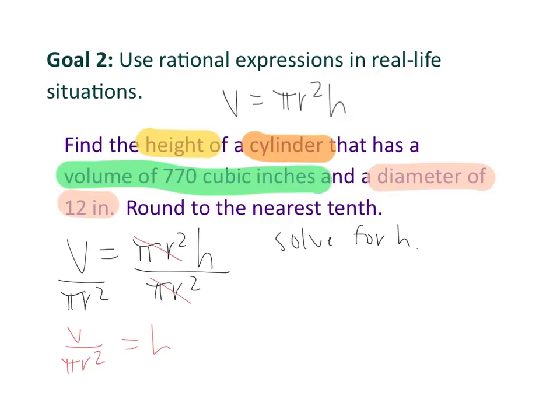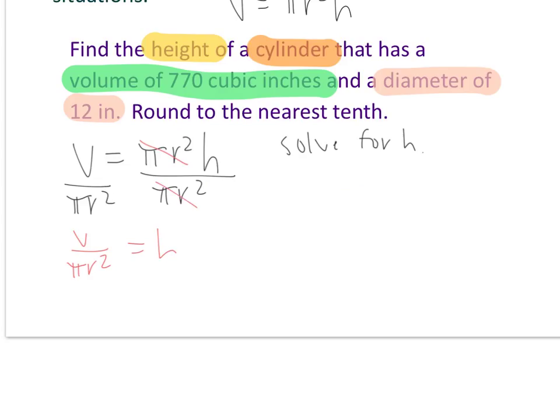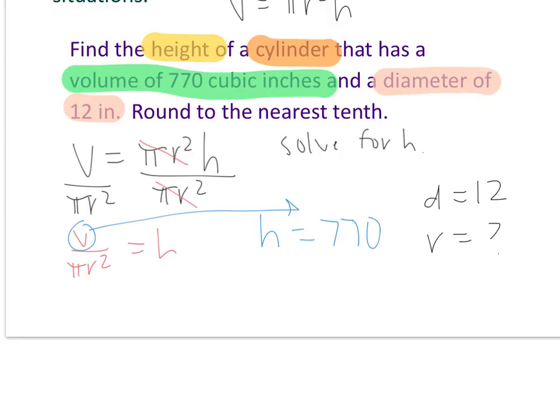So now let's just plug in everything that we know. And height equals, our volume they told us was 770. So again, I'm plugging that in for V volume right over there. And then the diameter is 12, and I want the radius. So how do I find radius if I'm given the diameter? Divide by 2. So I would take 770 and divide it by pi times 6 squared.